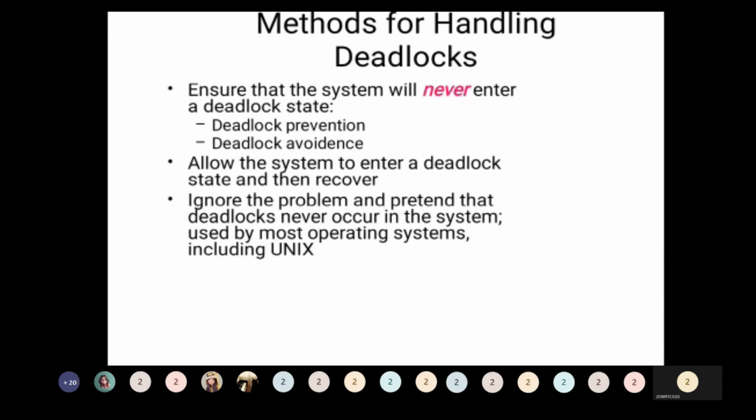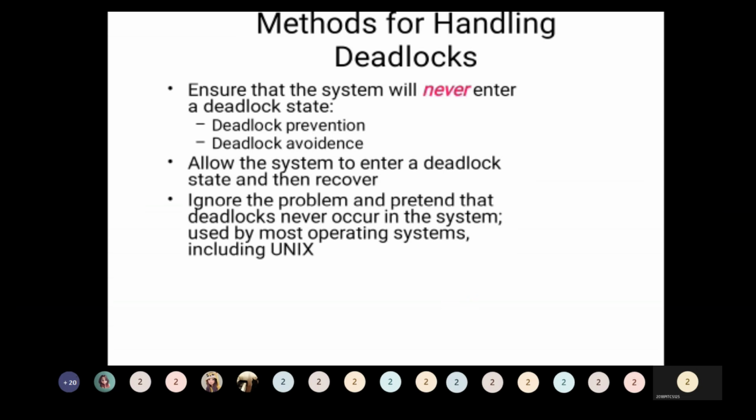What are the methods for handling deadlocks? First, we have to ensure that our system will never enter a deadlock state. As prevention is better than cure, we need to ensure the system does not enter a deadlock scenario. To achieve this, we have two strategies: deadlock prevention and deadlock avoidance.